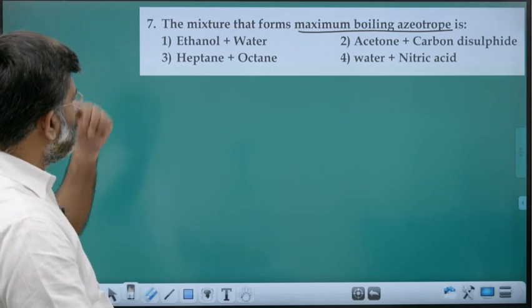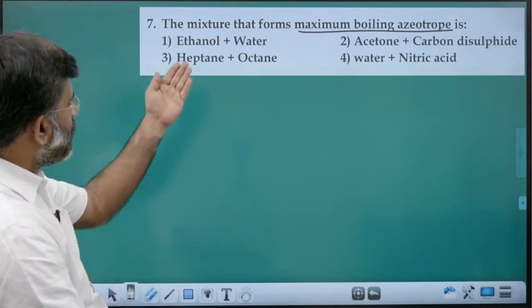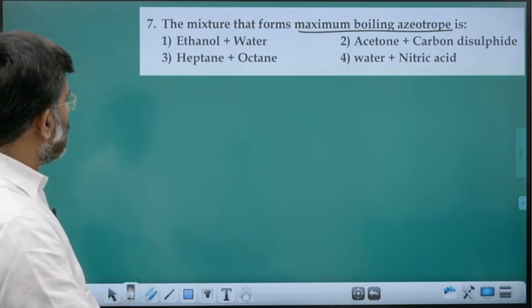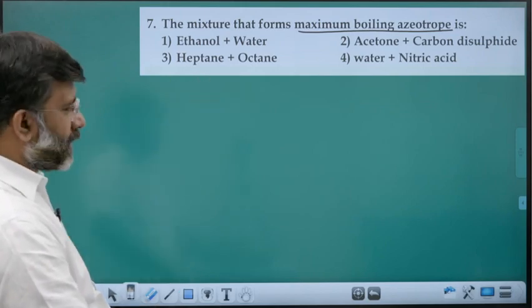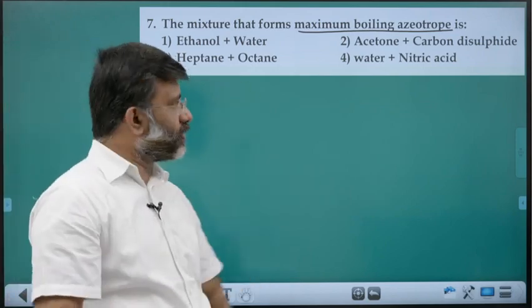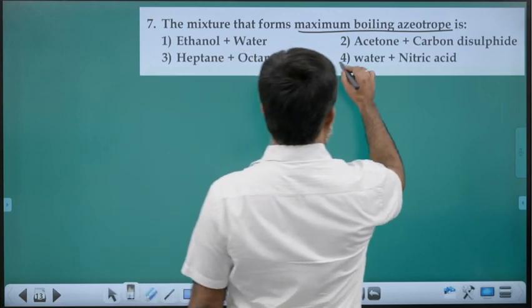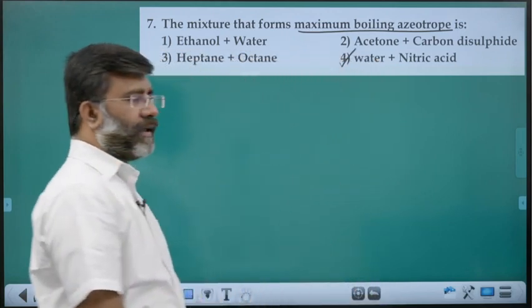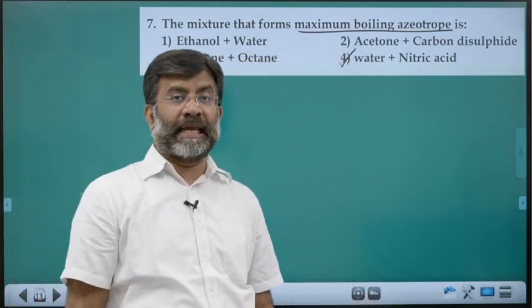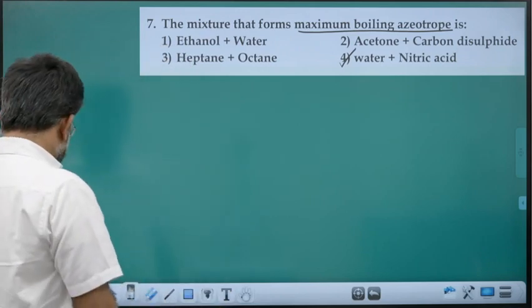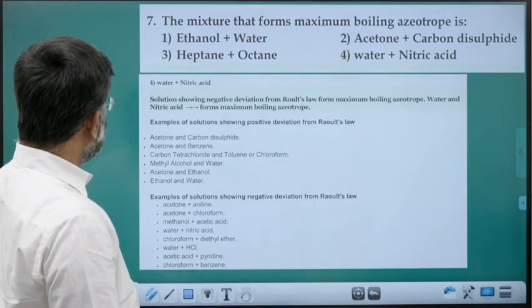Ethanol water, positive deviation. Acetone carbon disulfide, positive deviation. Heptane octane, no deviation, ideal solution. And the answer is the fourth one. Water with nitric acid is the one showing negative deviation.